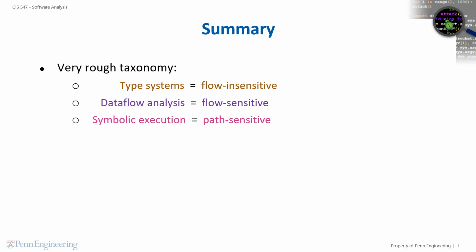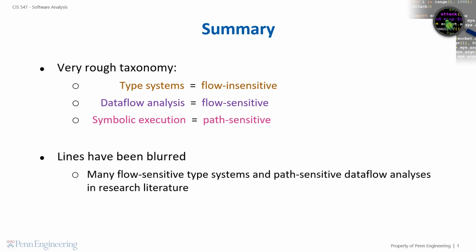While it is certainly possible to create a type system that is flow sensitive or even path sensitive, we normally think of type systems as flow insensitive analyses. Flow sensitive analyses are usually associated with data flow analyses, and symbolic execution is a prototypical path sensitive analysis. However, these lines have become more blurred lately.